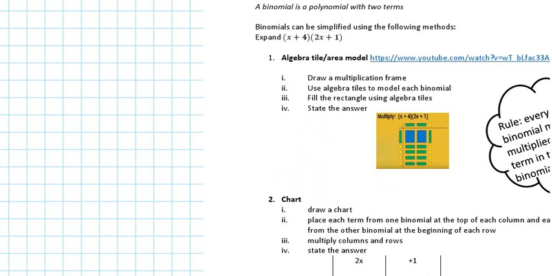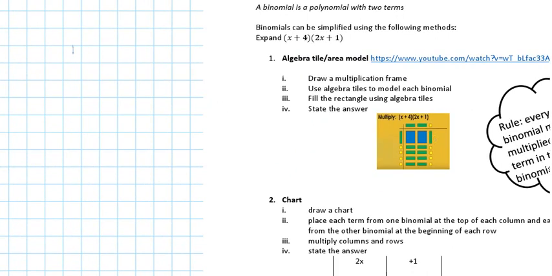So I'm multiplying x plus 4 times 2x plus 1. With the algebra tiles, x is represented by a long tile, x squared is represented by a square, and the small square is the unit, so that's 1.